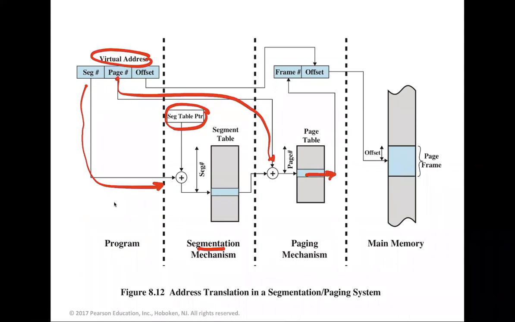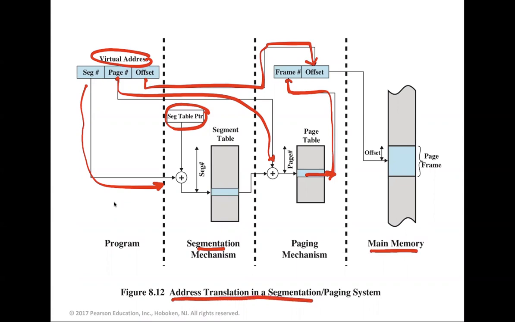This is combined with the offset portion from the virtual address to produce the desired real address in the main memory. This is how address translation is conducted in a combined segmentation and paging scheme.